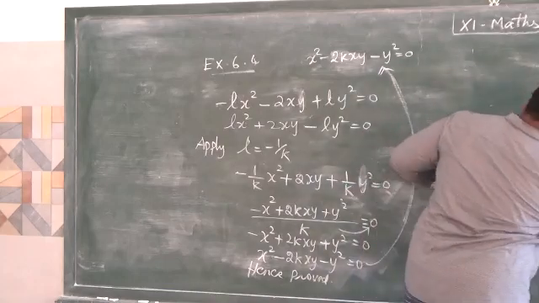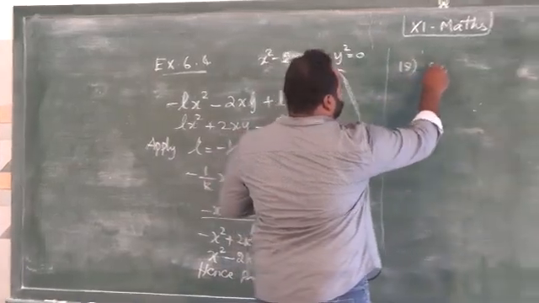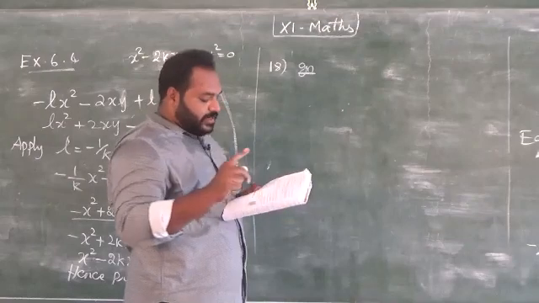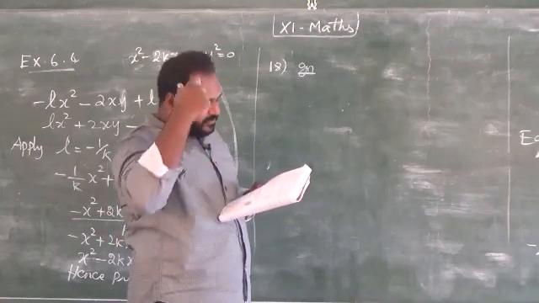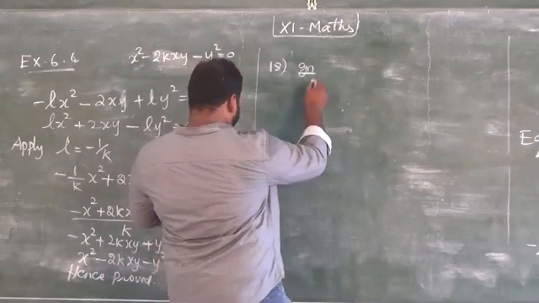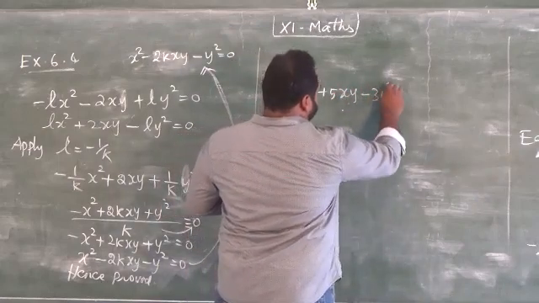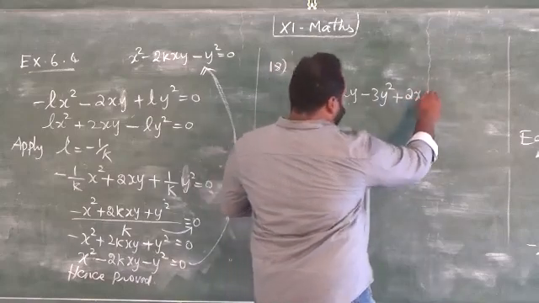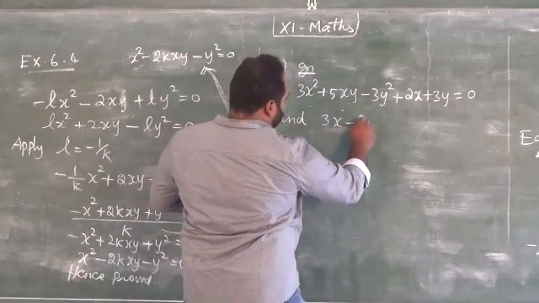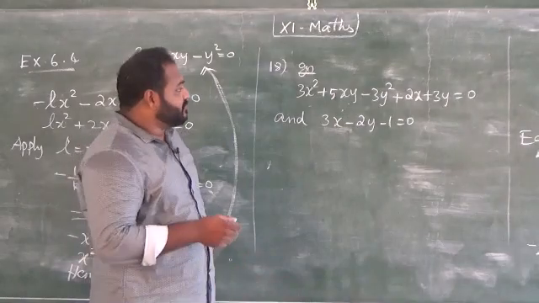Prove that the straight line joining the origin and the points of intersection of the two given equations: 3x square plus 5xy minus 3y square plus 2x plus 3y equal to 0, and 3x minus 2y minus 1 equal to 0, are at right angles. So here we have to prove it forms a right angle.